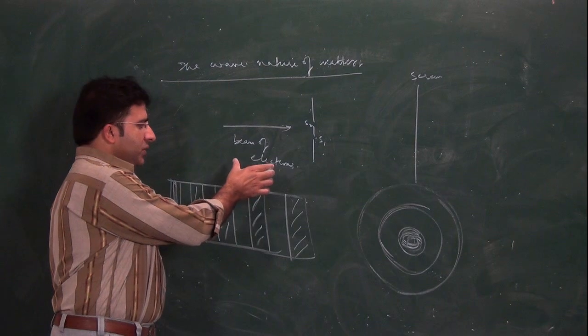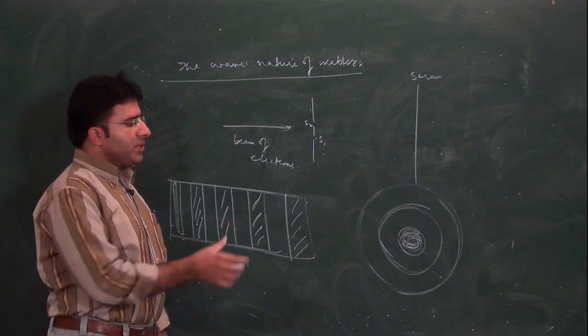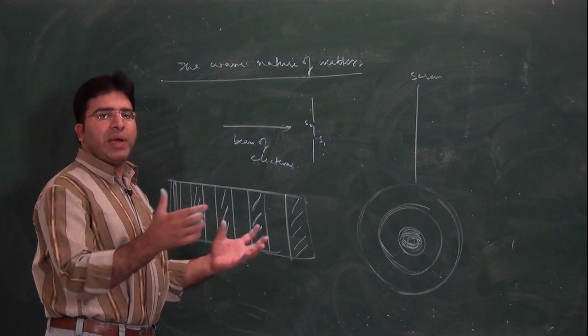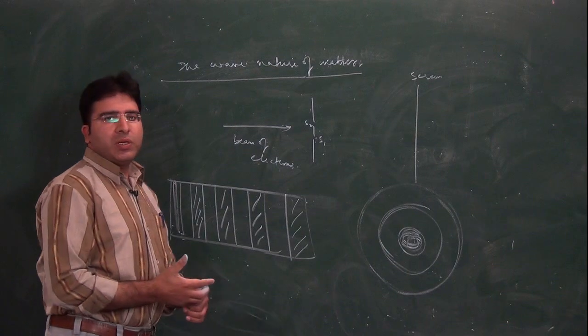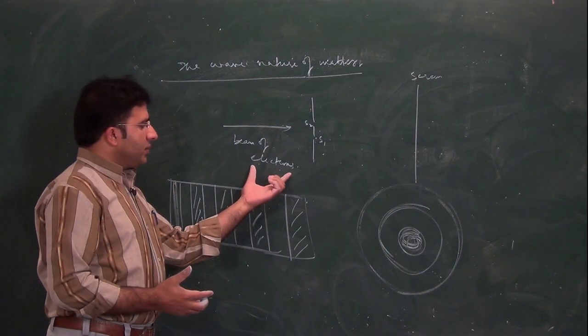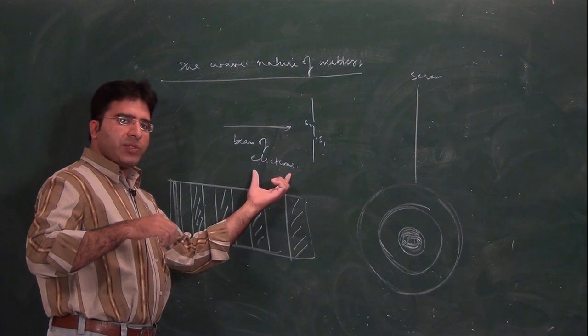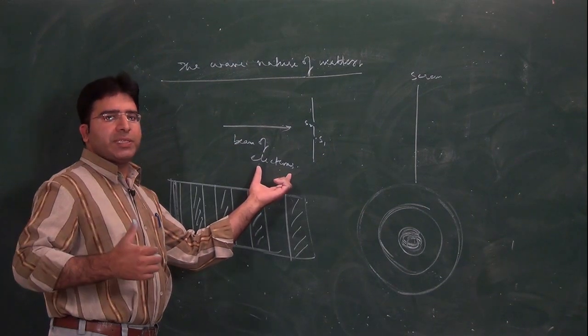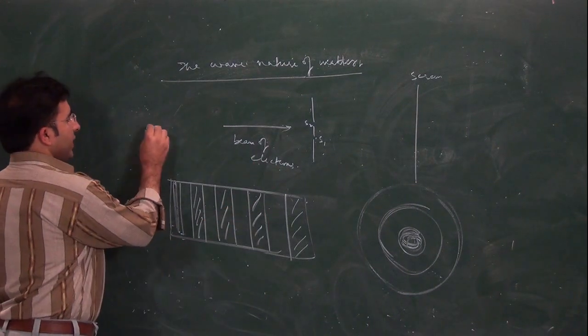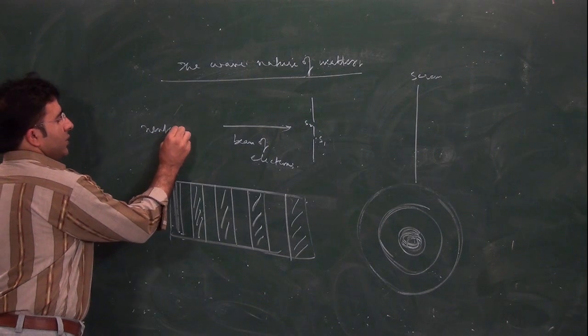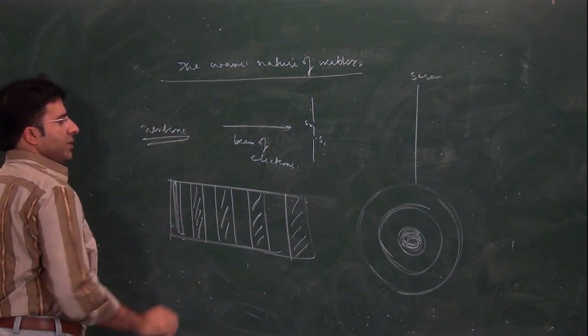Then the question was to generalize this wave nature to all matter, because it is not necessary that the behavior of electrons will be the behavior of all matter. Therefore, the particle was changed. Neutrons were taken. Neutrons are different from electrons in many ways.